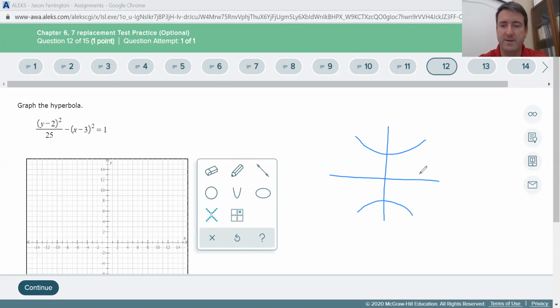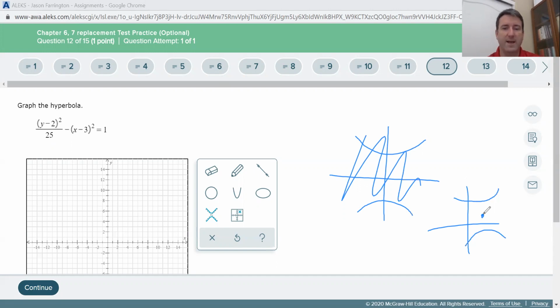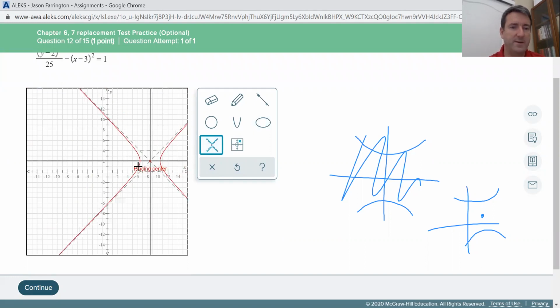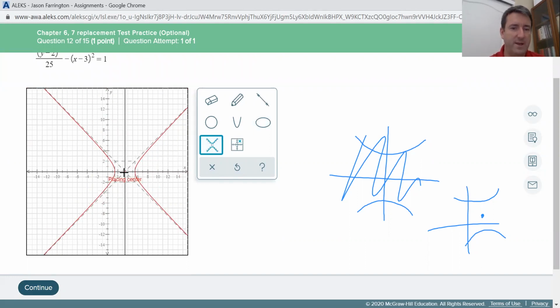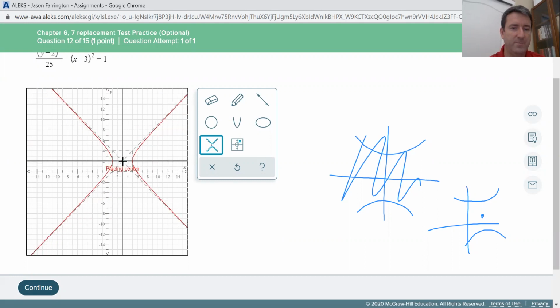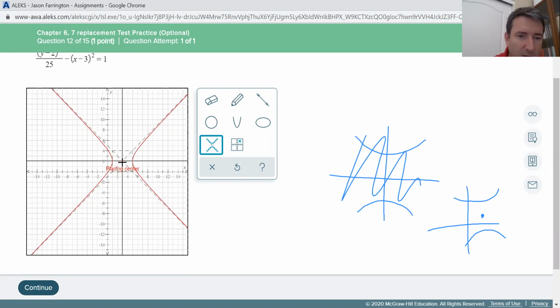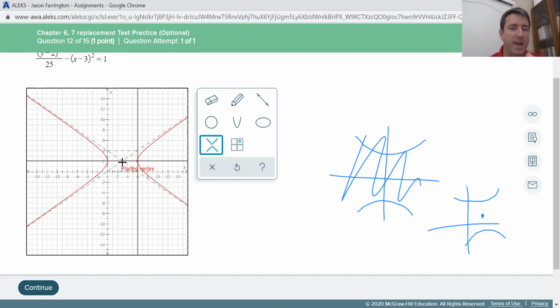So we've got a center at 3, 2, and the hyperbola is going to look like that. So let's come over here and choose our hyperbola. Our center is at 3, 2. Here's the center.